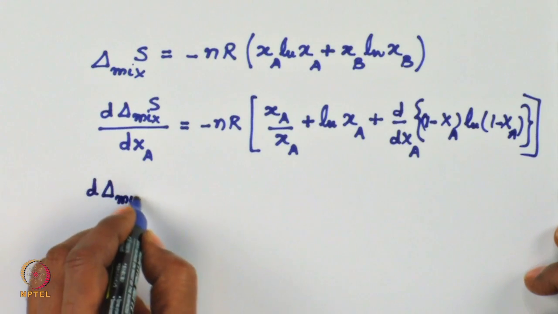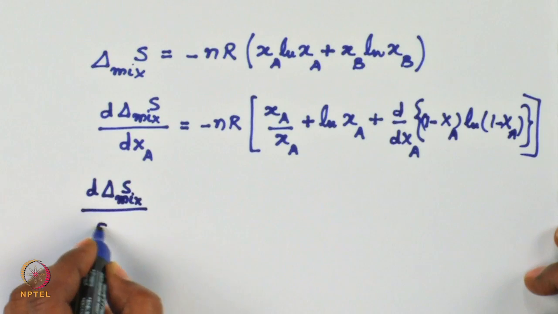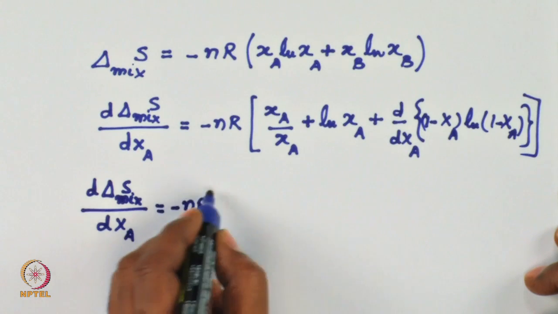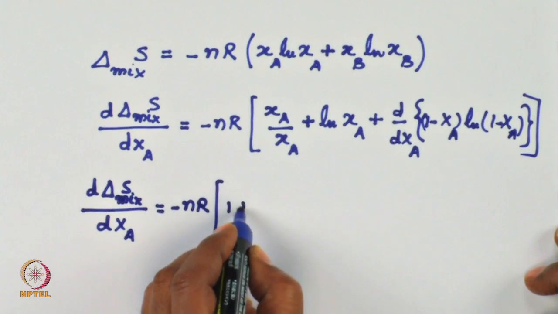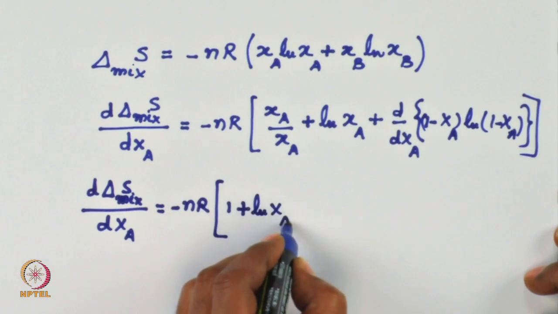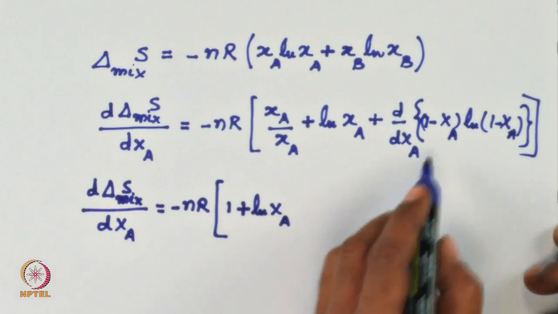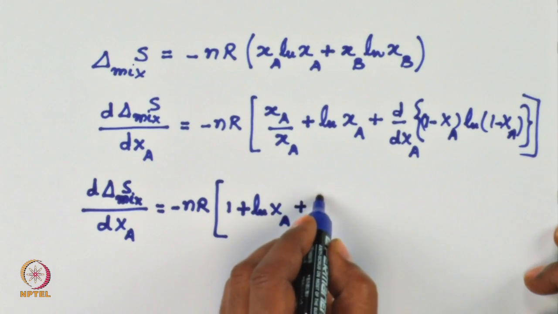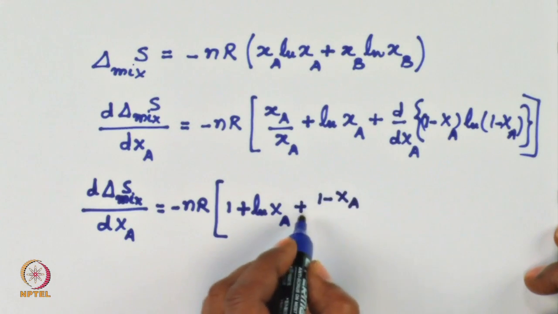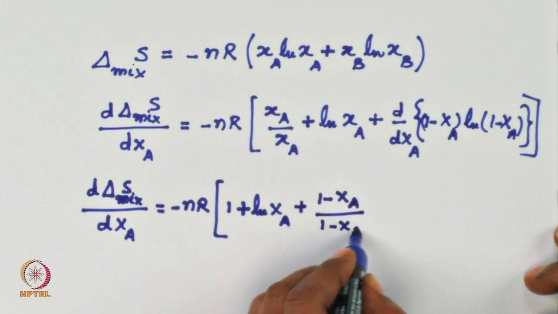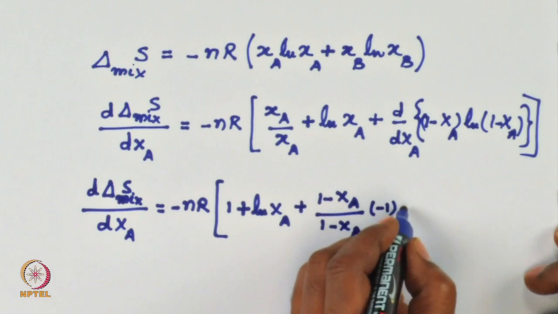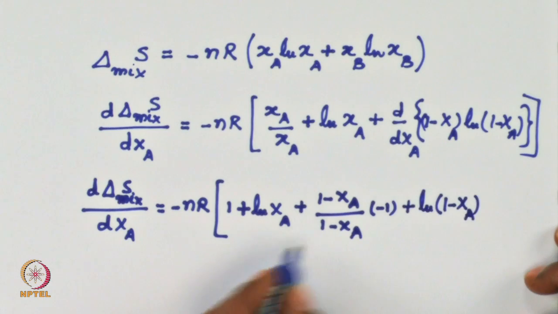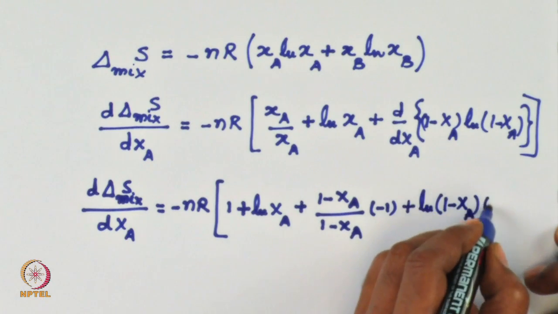So, the derivative of delta mix S with respect to x A is minus N R, what I have is 1 plus log x A, and when I take the derivative of this it is plus 1 minus x A over 1 minus x A into minus 1, plus log 1 minus x A into minus 1.